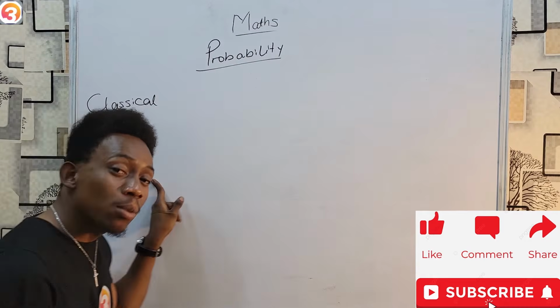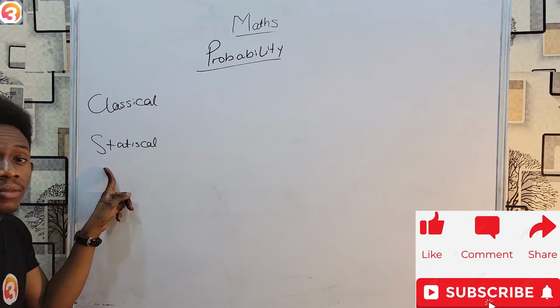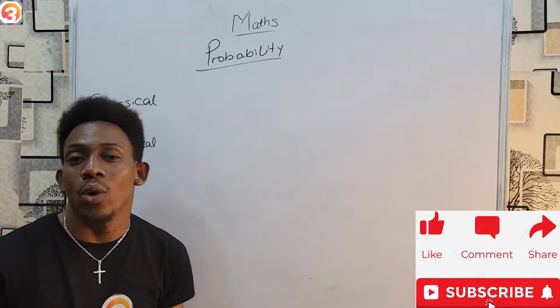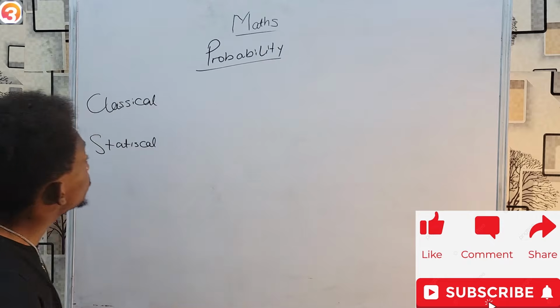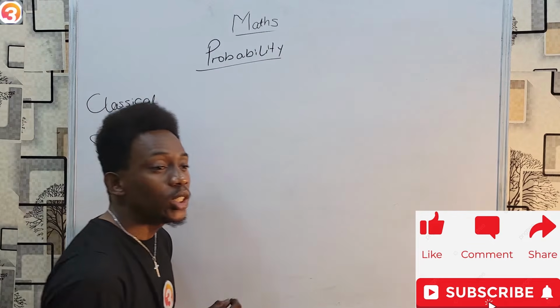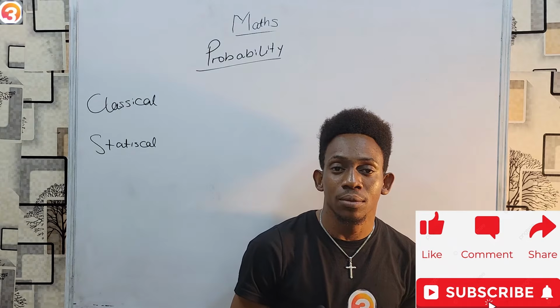But as far as classical probability is concerned, no matter what has happened before, that's not the issue. It's still the fact that a woman giving birth either gives birth to a boy or a girl. So from classical probability, they expect it to be equal chances, but statistical makes use of what has happened before to determine the likelihood of what may happen next.